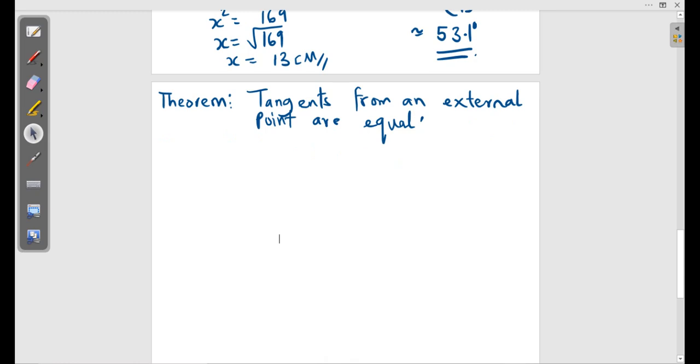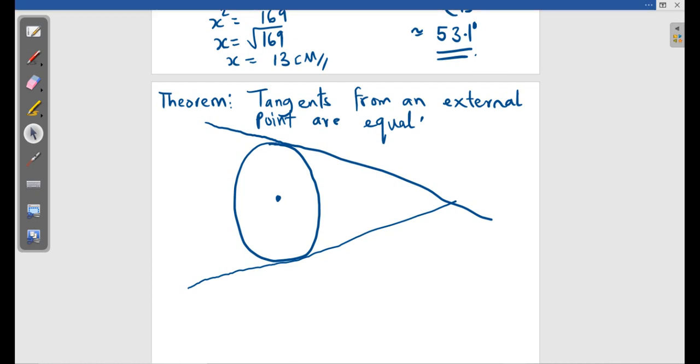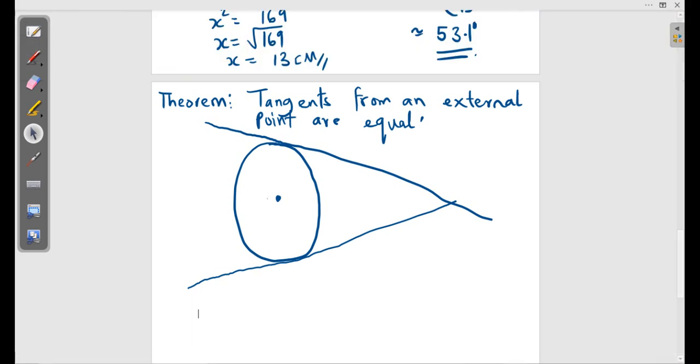So what this theorem says is, if I have a circle which has a center, now this is a tangent, this is another tangent. Now what the theorem says is that a line that I draw from this center to this point gives me 90.